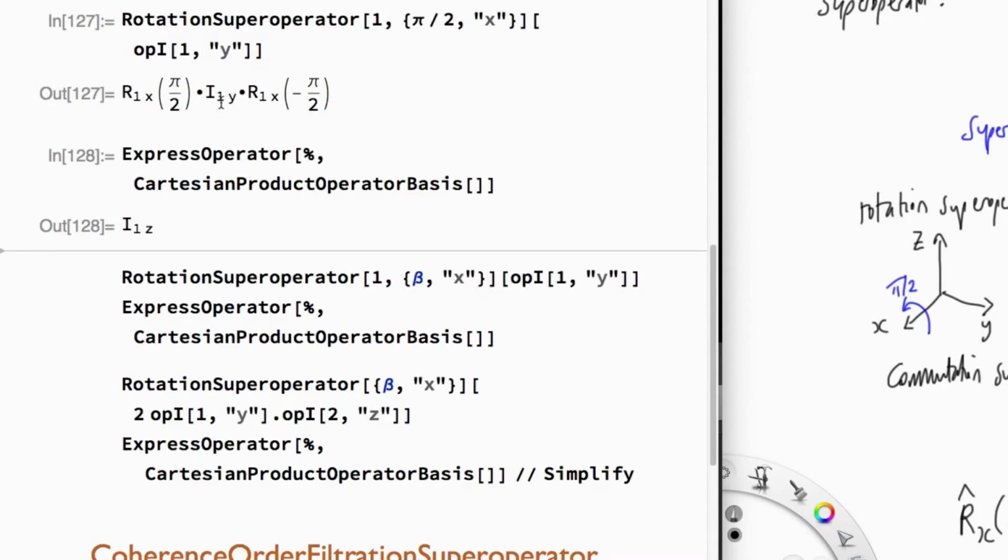In this example, I have my usual axis system, labelled with the angular momentum operators.